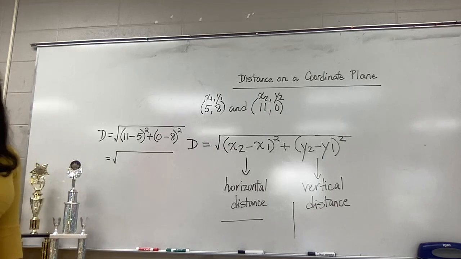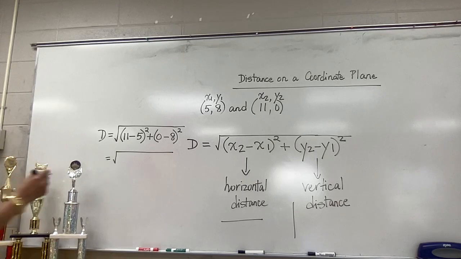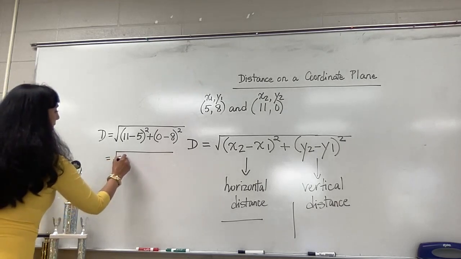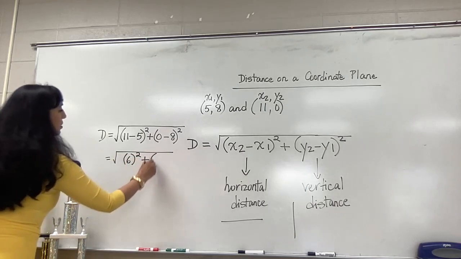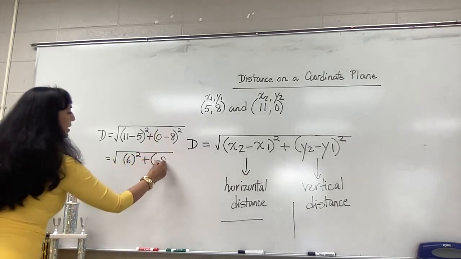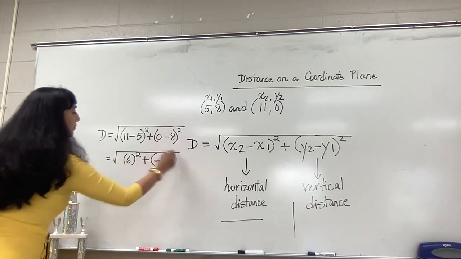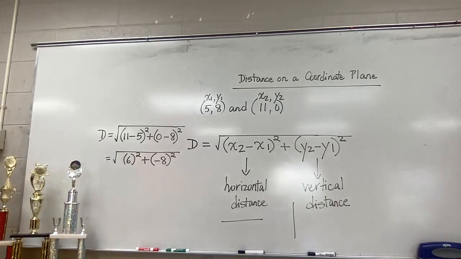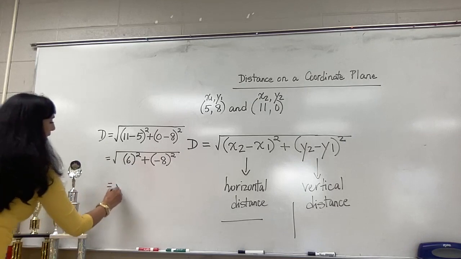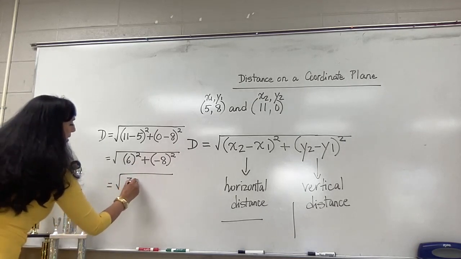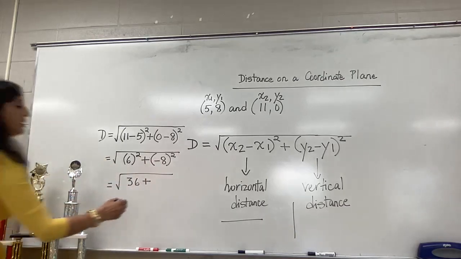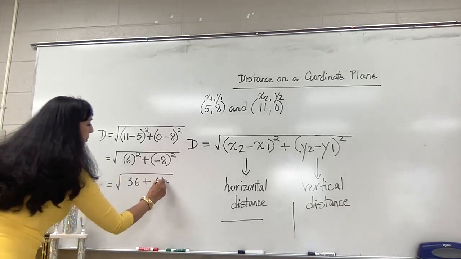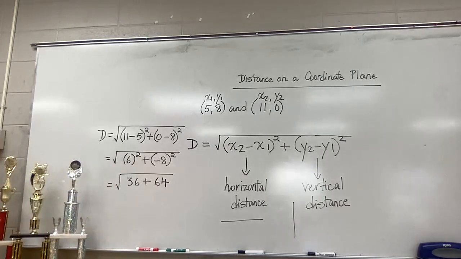Everything within the parentheses has to be solved first. So 11 minus 5, I get 6 squared, plus 0 minus 8 gives me negative 8 squared. Then 6 squared is 36, plus 8 squared. Negative 8 times negative 8 gives me positive 64.